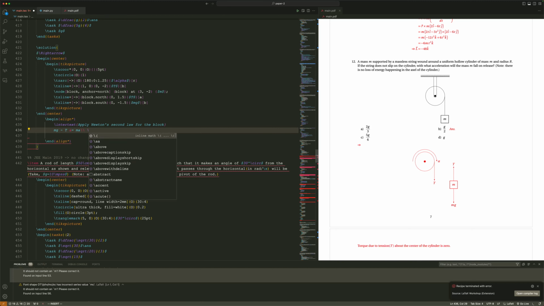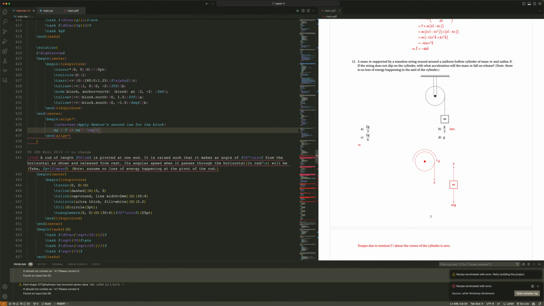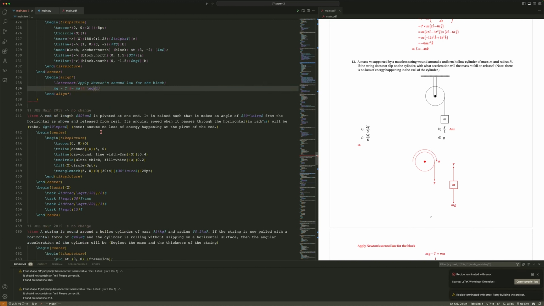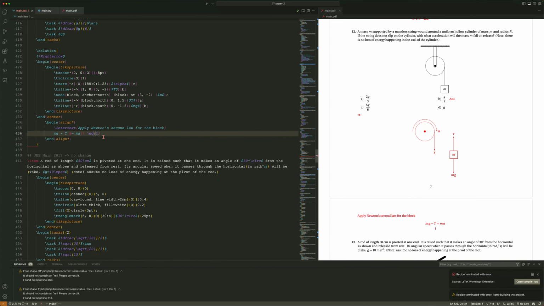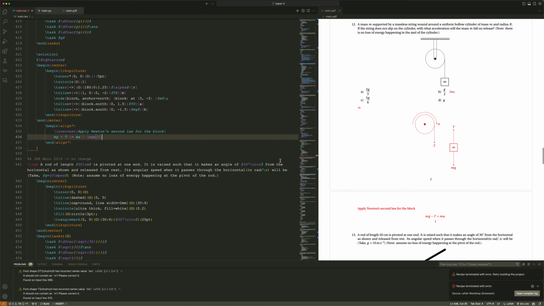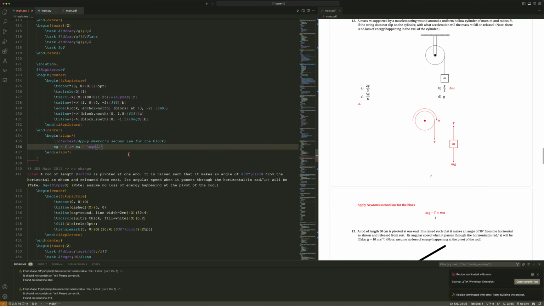Let's see, I think I had... let's run this first. No, it's not running any equation. I made a command called eqn, I think. No, there is no eqn command, but we can make this command. Let's remove this part, maybe that will work.